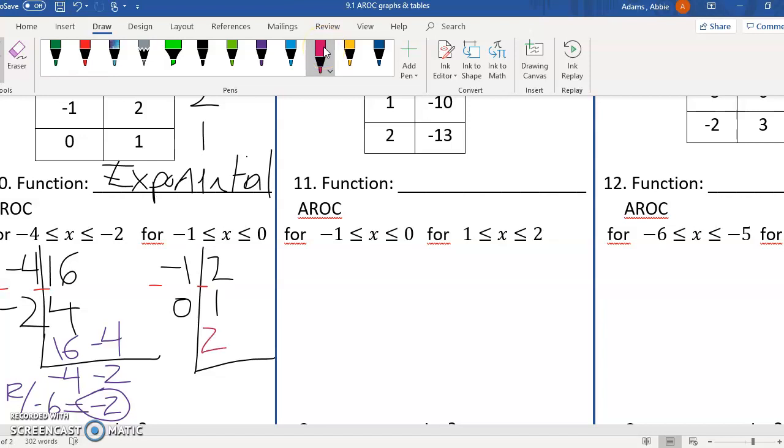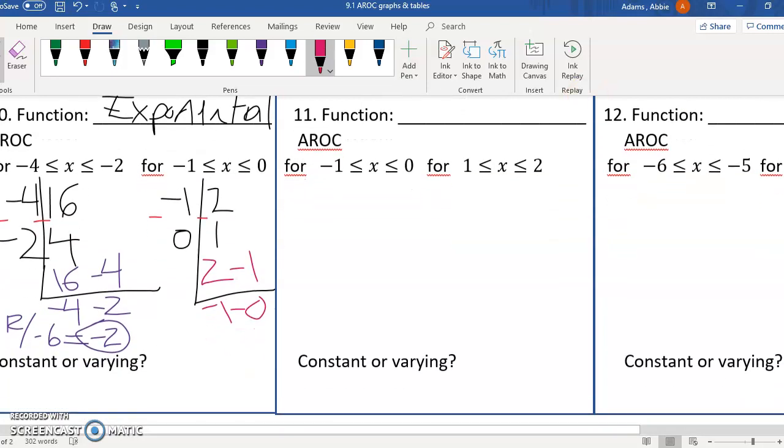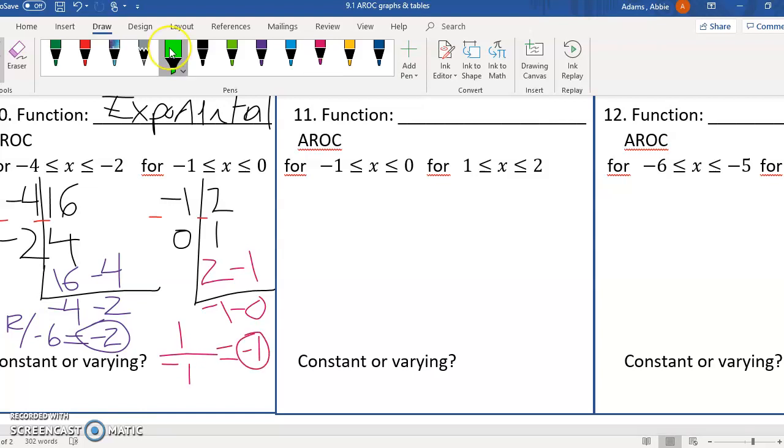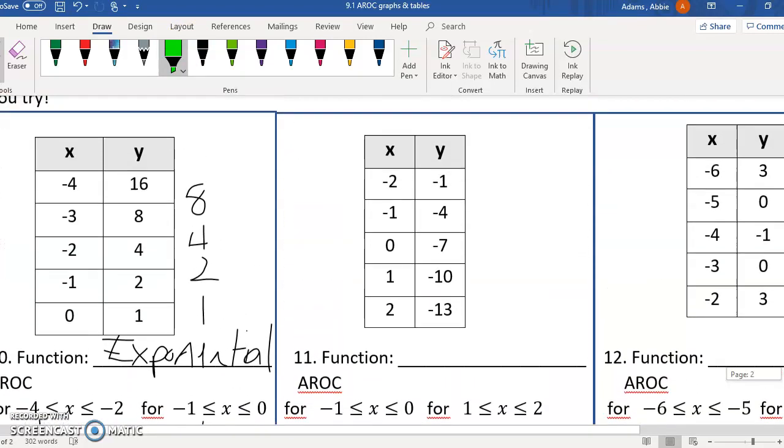So I've got 2 minus 1 in my numerator, and -1 minus 0 in my denominator. 2 minus 1 is 1, and -1 minus 0 is -1, giving us an average rate of change of -1 for the second interval. -2 does not equal -1, so therefore our average rate of change is varying for this function.